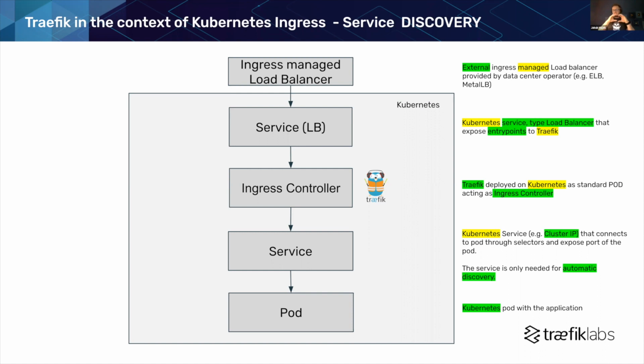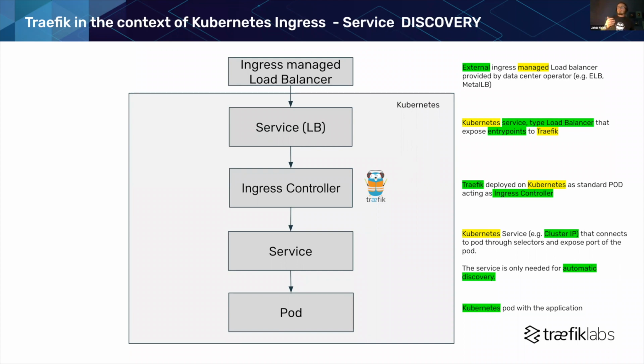Then we have a service load balancer. It's a Kubernetes object, and it connects to the Ingress controller, which in that example is Traefik, and that service just takes the ports. So you have port 80 and port 443 connected with Traefik. And if Traefik is running, we have a service that is again connected to your application.